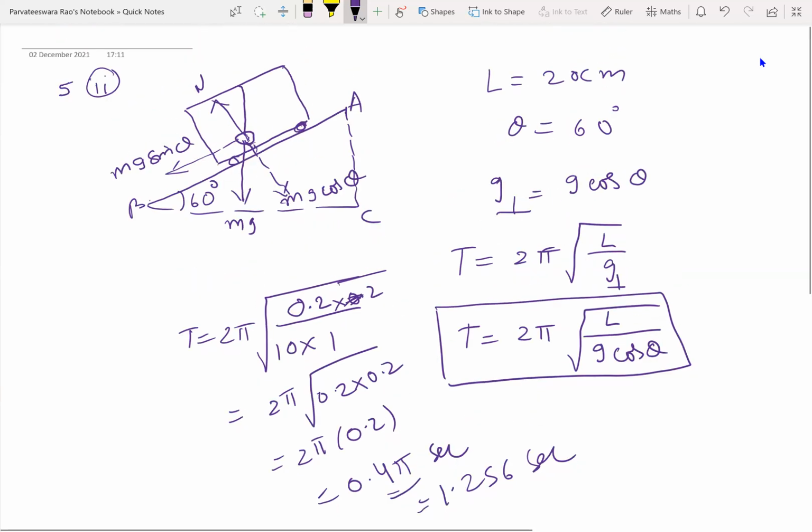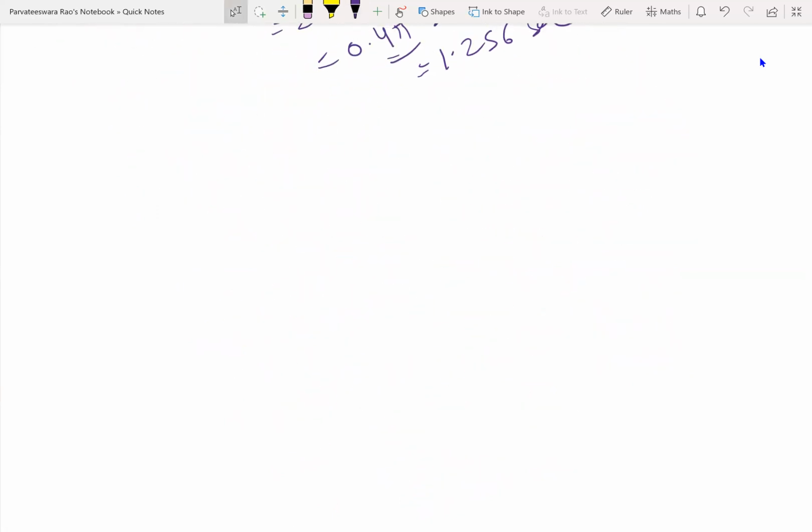One more. Completed? A simple pendulum of length L has a time period T seconds.